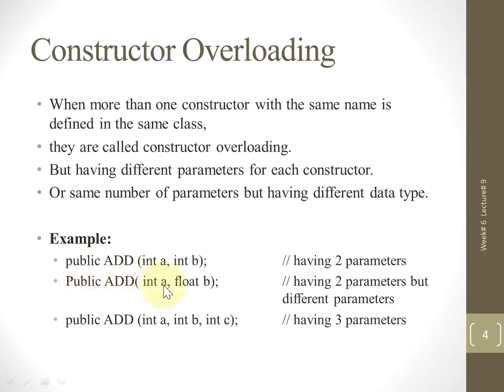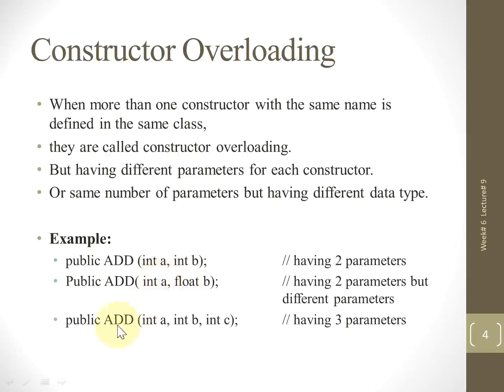Again we are receiving two arguments, but this time the data types are different. In the first we have integer and integer. In the second constructor we have an integer and a floating point data type. So these are two different, and we can call it an overloaded constructor.